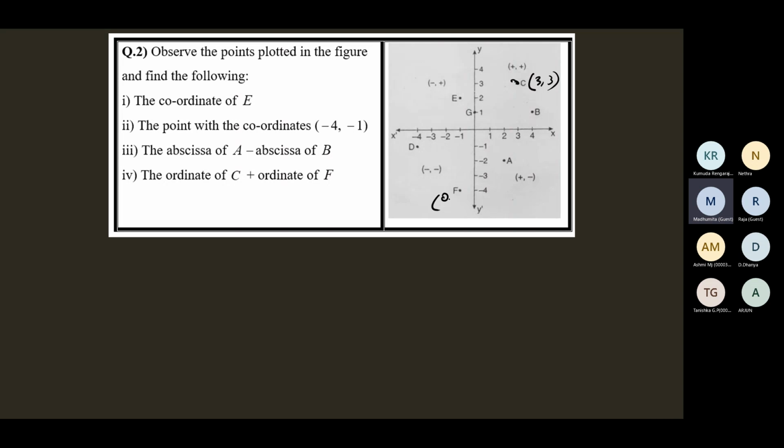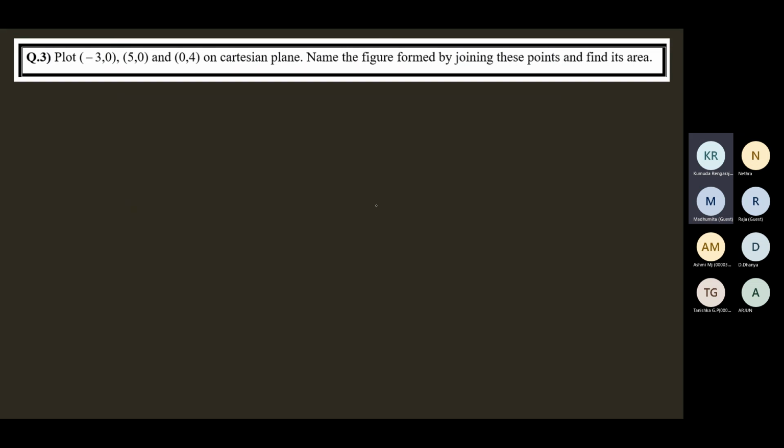F is minus 1, comma minus 4. Now the ordinate of C is 3. That is the y coordinate. Plus the ordinate of F, minus 4. What's the answer? Minus 1, ma'am. Correct.